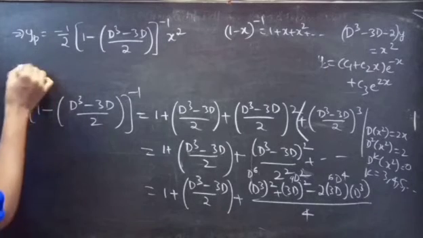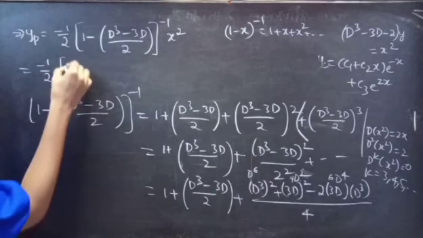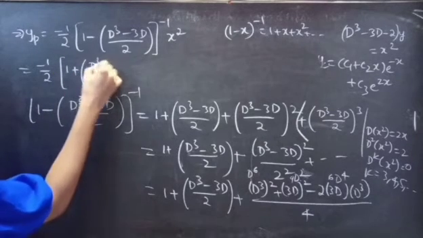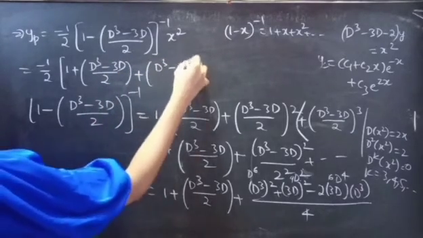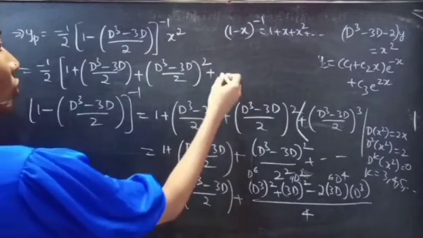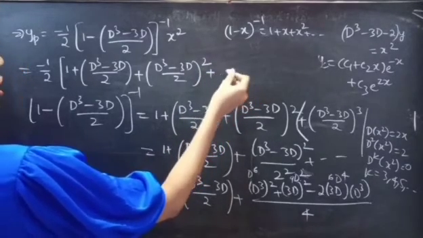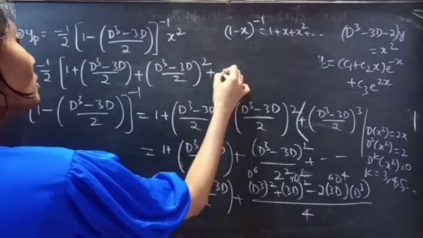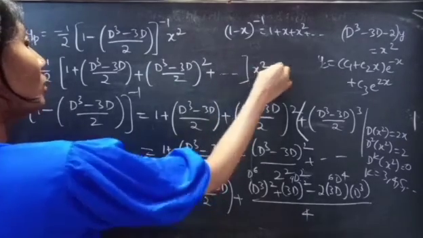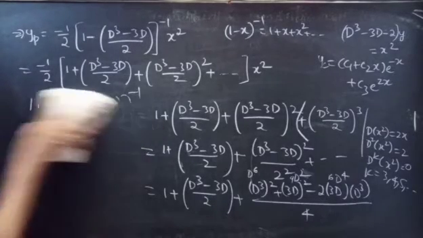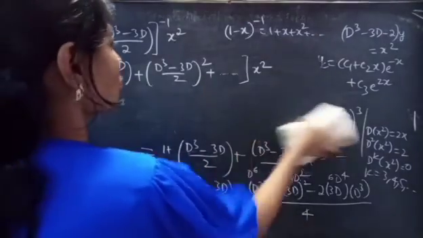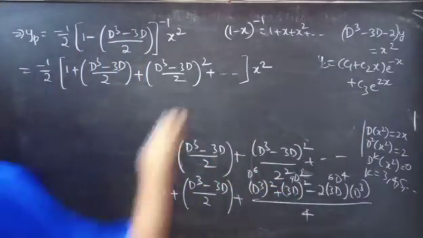Now coming to yp, yp becomes minus 1 by 2 into 1 plus d cube minus 3d by 2 plus d cube minus 3d by 2 whole square. We know that the higher derivatives of x square, from d cube, d power 4, d power 5, are 0, so we'll neglect terms from there.